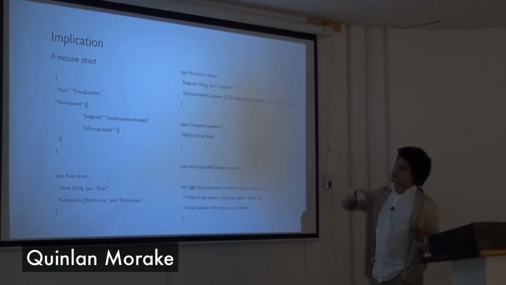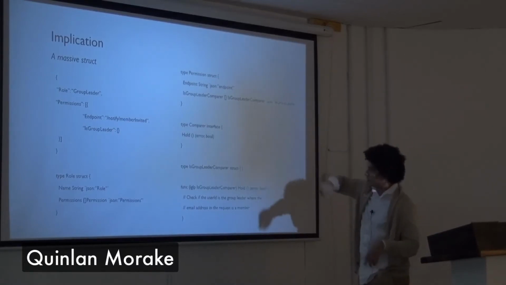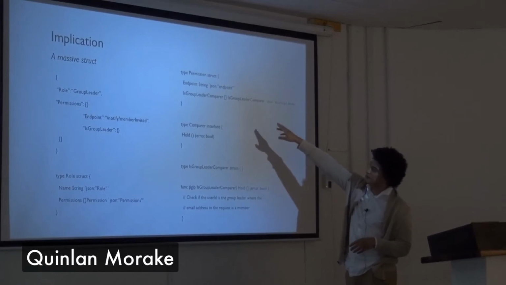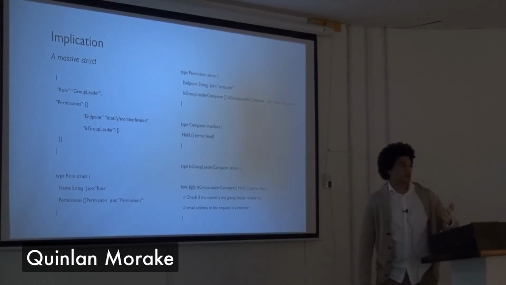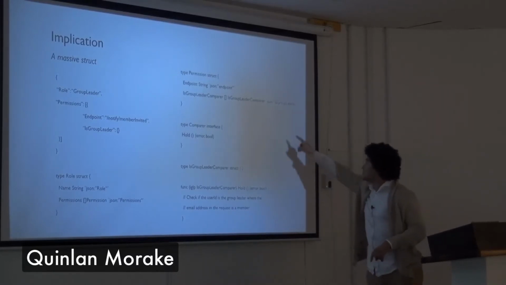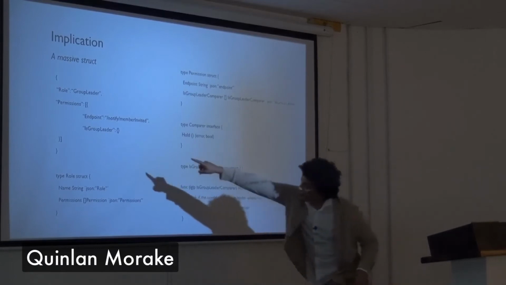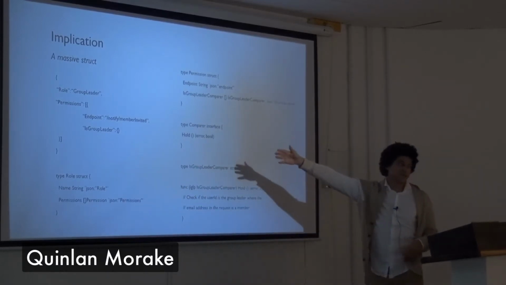And this is what we did instead. So we created a very big structure where we've listed all of these comparers. And leaning on the language facility, the JSON package, because I've got isGroupLeader over there, that thing will know to create an array of those when it sees that bit of data.